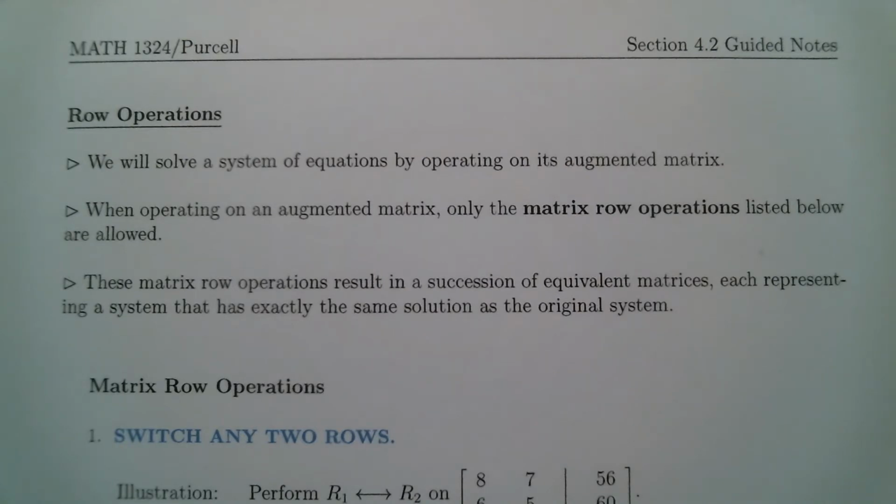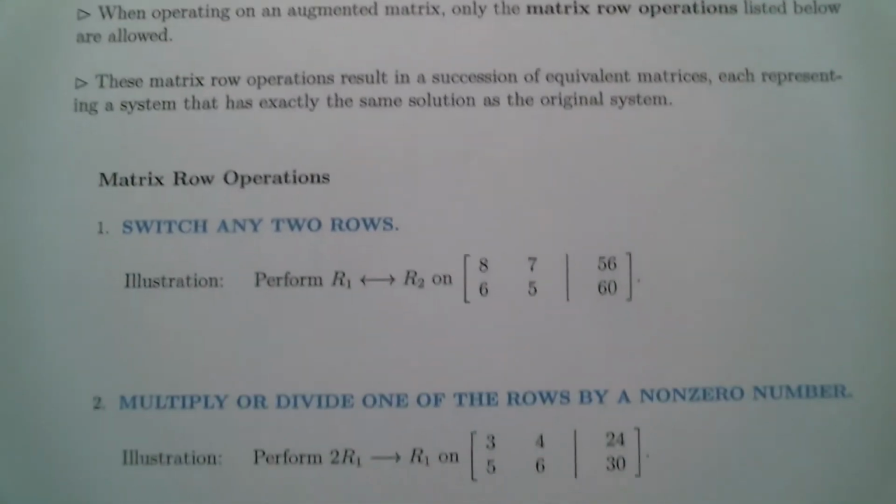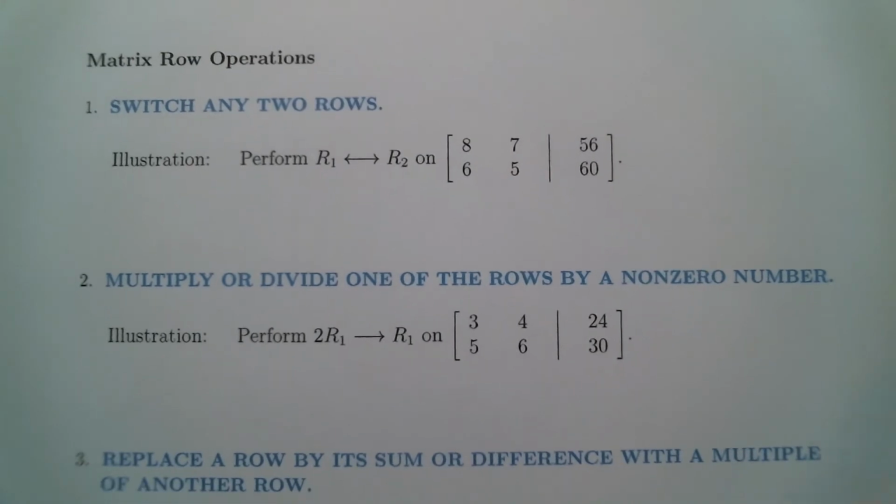They are all going to look different, but they are all equivalent to the original system. Finally, you will reach a final augmented matrix. We will talk about how you recognize that a little later. Once you get to the final augmented matrix, you will go ahead and interpret the solution to the system of equations, okay? So let's talk about the 3 row operations that are allowed.